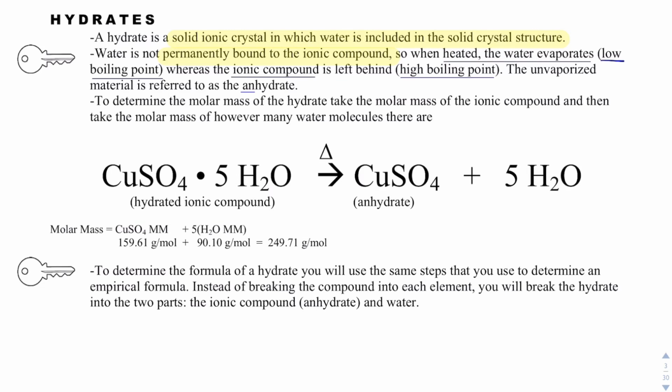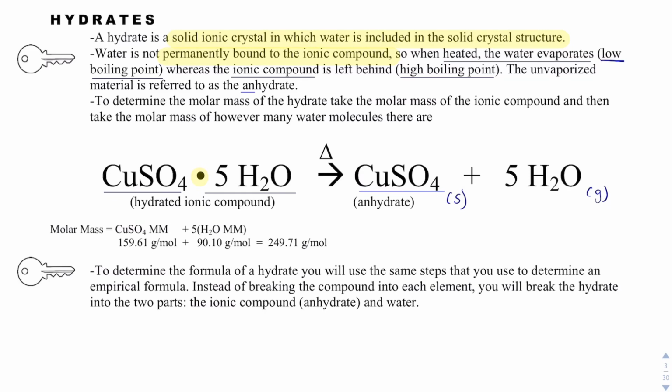Because water is not permanently bound, we use a little dot, and that means that we have copper sulfate as our ionic compound, and that'll become our anhydrate. But we have these waters, 5 of them specifically bound, and when we heat it, that's what this triangle above the arrow means. The water will turn into gas, and our anhydrate solid will be left behind.